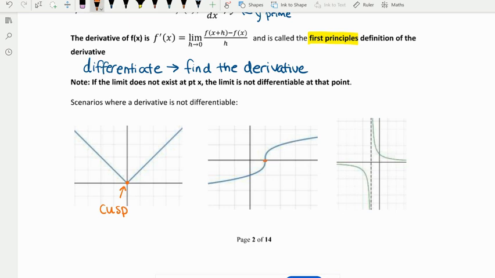When your tangent line is vertical, so when you have a vertical tangent, you can't differentiate as well.